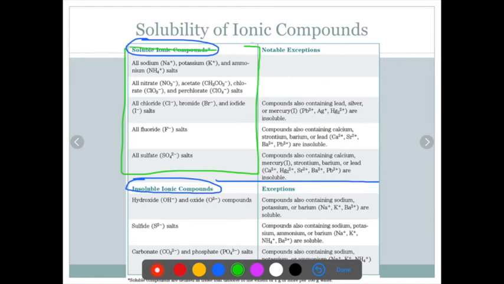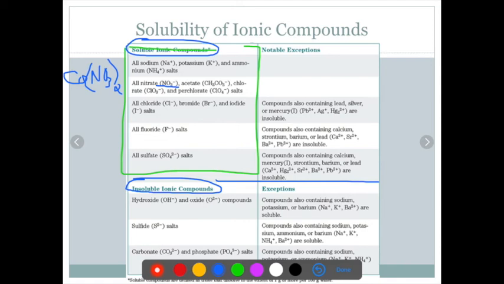Okay, so if I have, let's say, calcium nitrate. Because nitrate is in this list, it's going to be soluble.